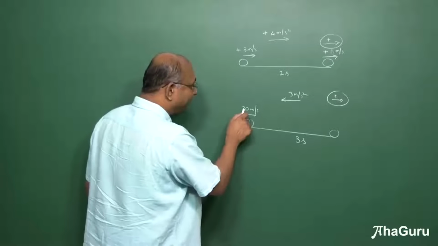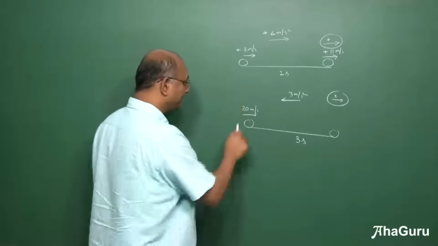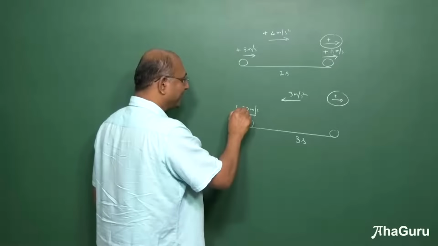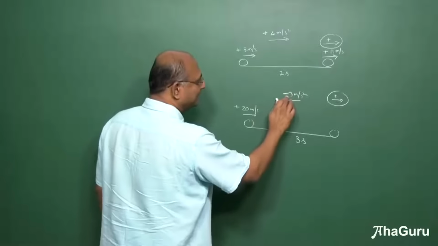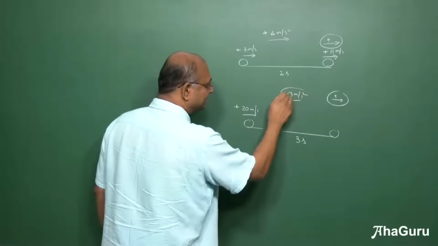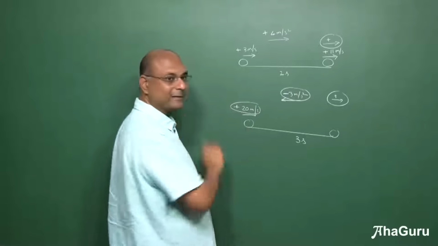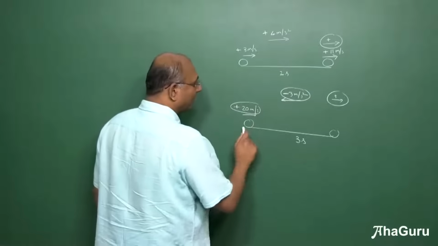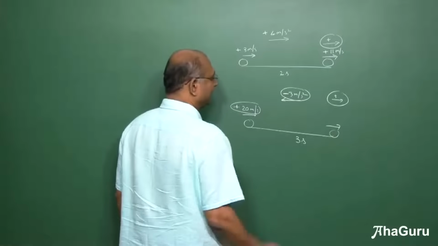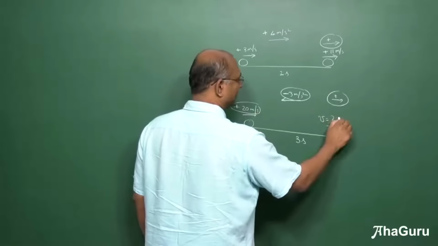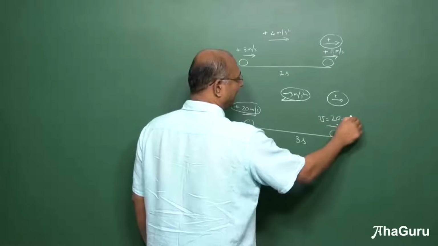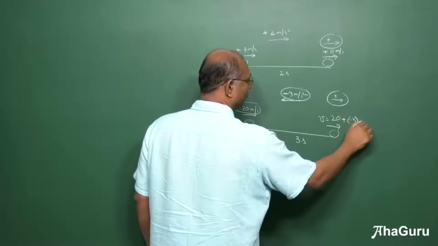So is this plus or minus 20? Plus 20, right? Because it's in the positive direction. What about this fellow? It is minus 3. I'm not saying it is minus 3 in this direction. I'm saying it is just minus 3. This is plus 20. So my final velocity, v is plus 20 plus a into t.